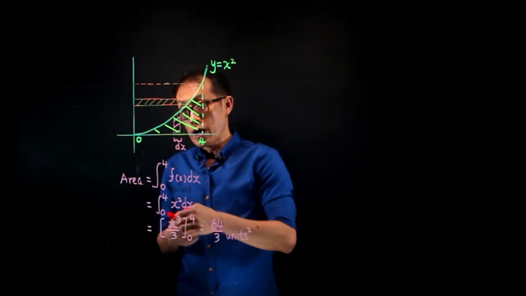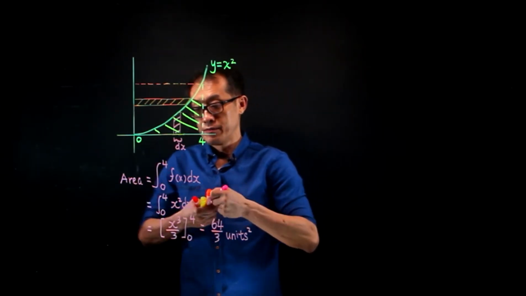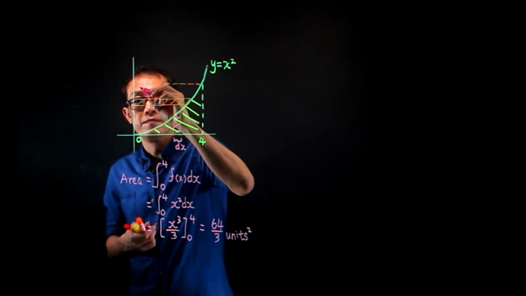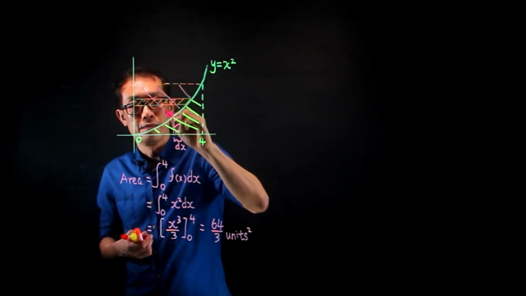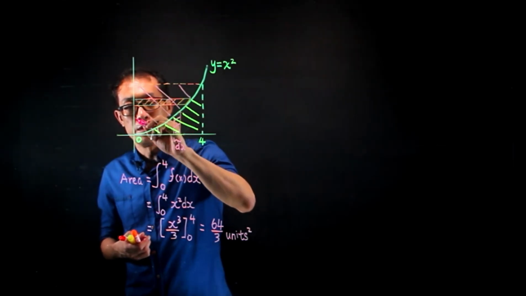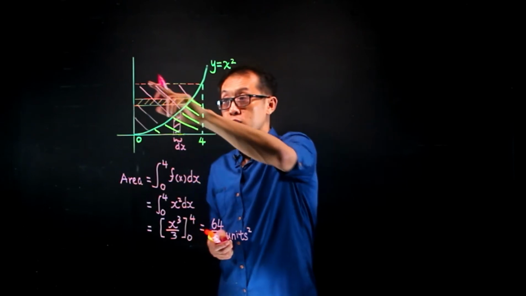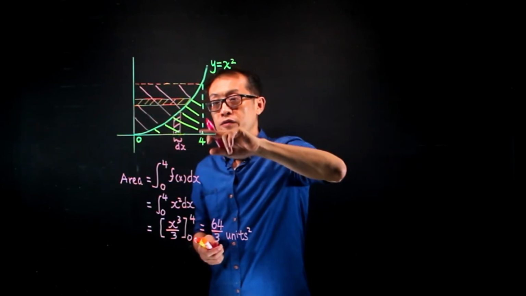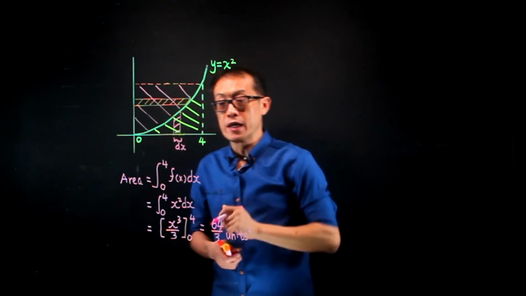Next, you are asked to find this shaded area. How can we find this shaded area? We can use the area of a rectangle minus the yellow shaded area.